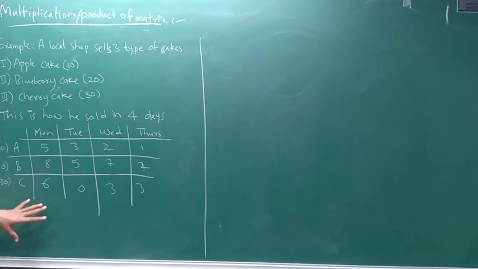That table represents that on Monday he sold 5 apple cakes that cost 10 rupees, 8 blueberry cakes that cost 20 rupees, and 6 cherry cakes that cost 30 rupees. On Tuesday he sold 3 apple, 5 blueberry, and no cherry cake.